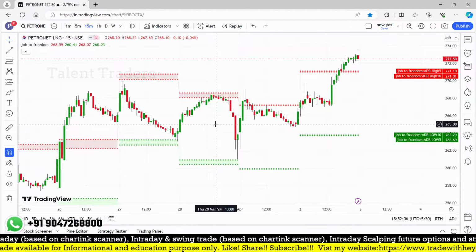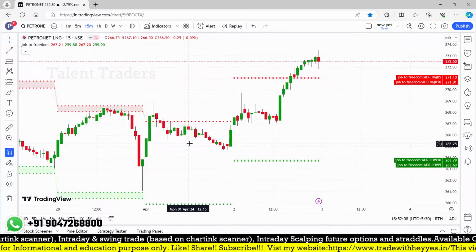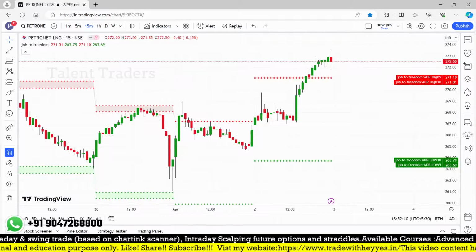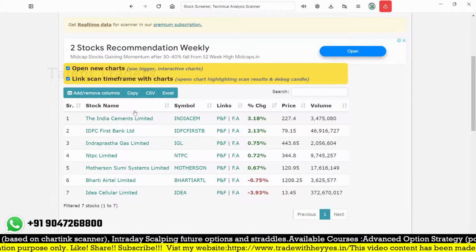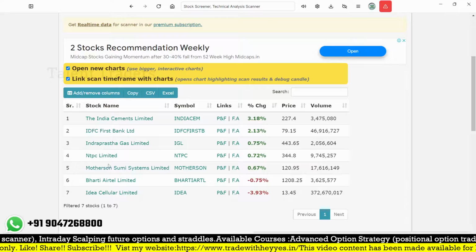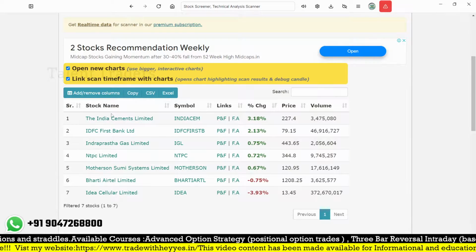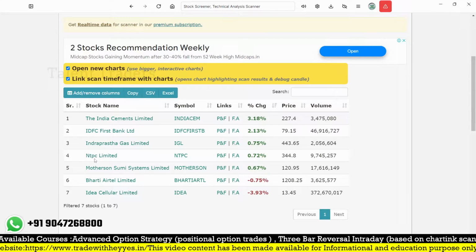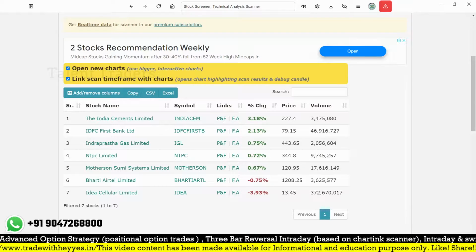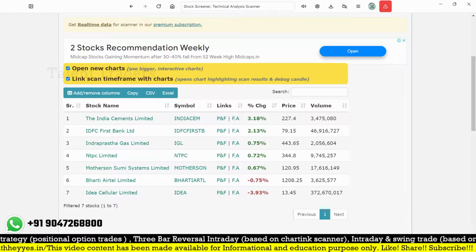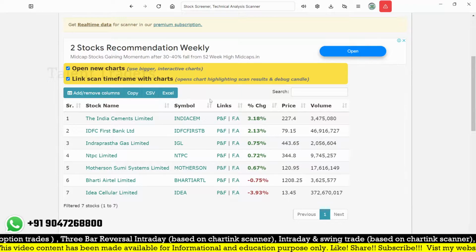At this moment, this particular scanner will help you find tomorrow's very narrow stocks. Maybe you can track these and see whether they are narrow or not. These are six stocks: India Cement, IDFC, IGL, NTPC, Motherson Sumi. These are all the stocks which I am going to look at for tomorrow's very narrow ADR.